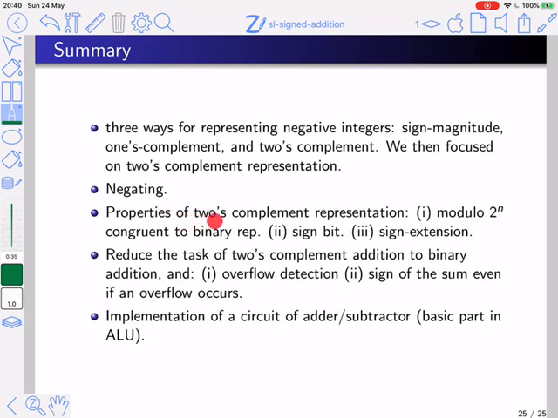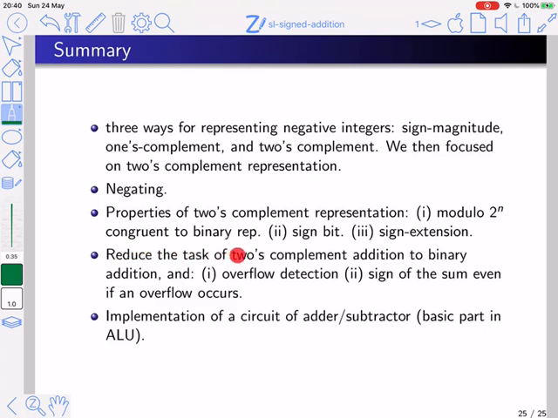We discussed properties of 2's complement representation, the fact that it is the modulo 2 to the power of n congruent representation to binary representation, that the most significant bit tells us whether the number is negative, and that if we extend the sign, that is, if we duplicate the most significant bit, we do not change the value that is represented by the binary string in 2's complement representation.